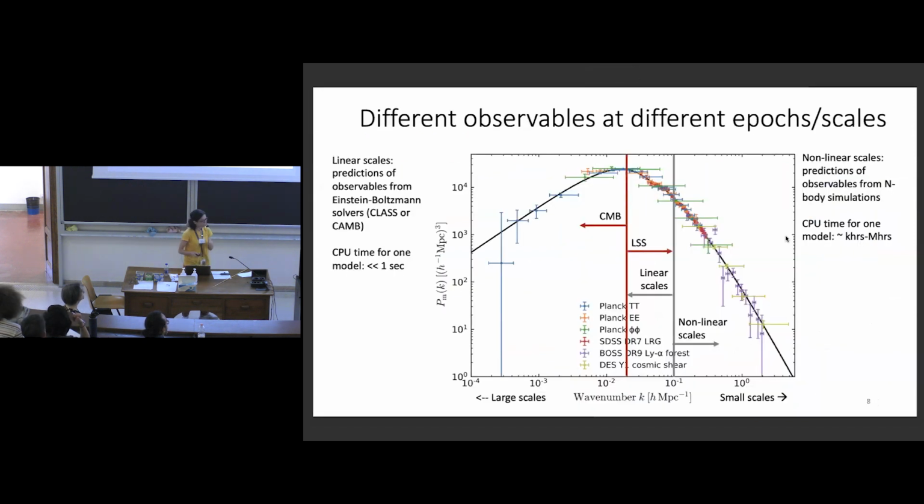So we have information at different epochs, the CMB in the early universe and the large-scale structures in the late universe. But this corresponds also to information at different scales.